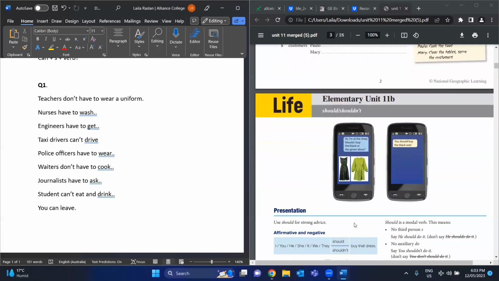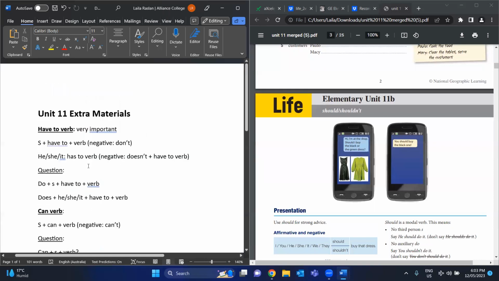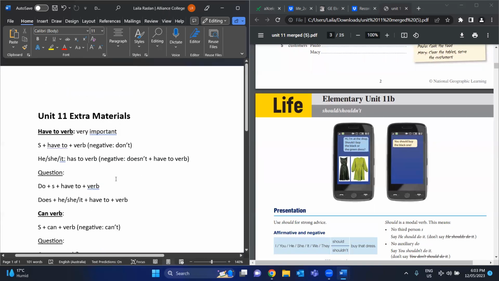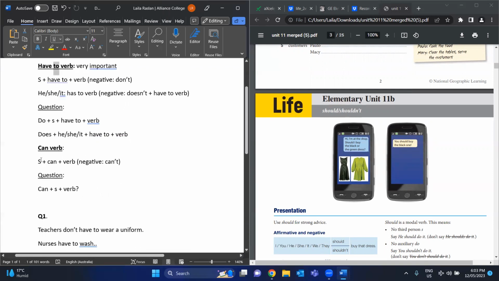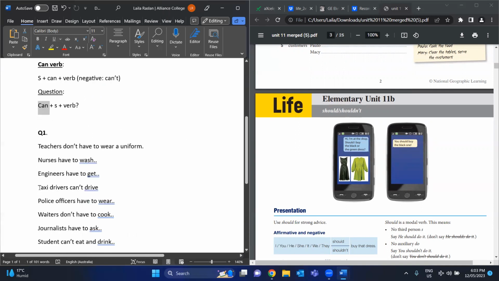Because now we're in should, which is very similar to have to. So we've practiced, let's look back at our notes, have to verb. You gave me a sentence, you said, I have work tomorrow. No, it's I have to work. So don't forget the to. We've got a question. We start with do or does. And then we looked at can, subject, with a question, start with can.